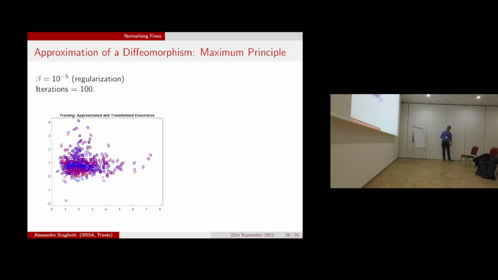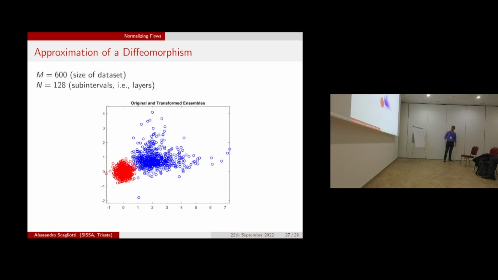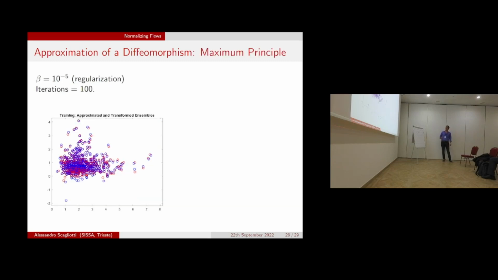We used the maximum principle algorithm to train the ResNet. We used 600 training points and 128 inner layers. Essentially, this is the approximation provided in the training phase. The blue dots were the target points, and the red dots now are the transformation of the initial points through our flow.